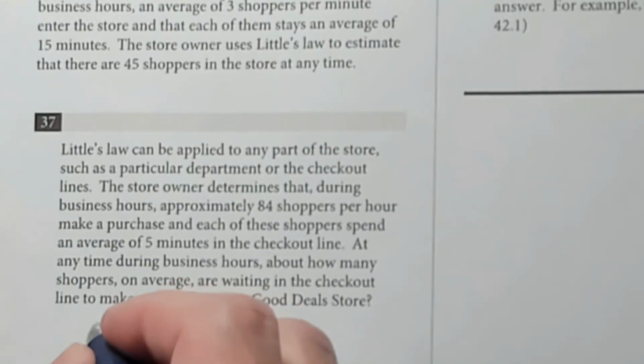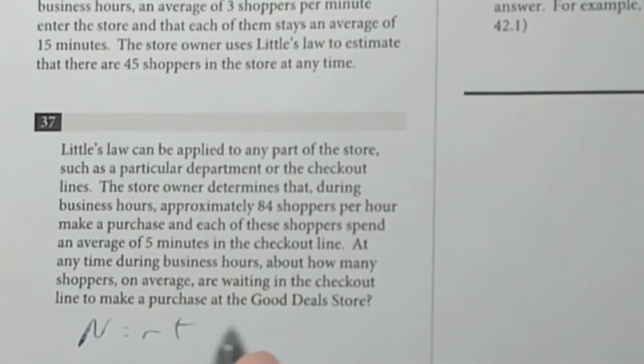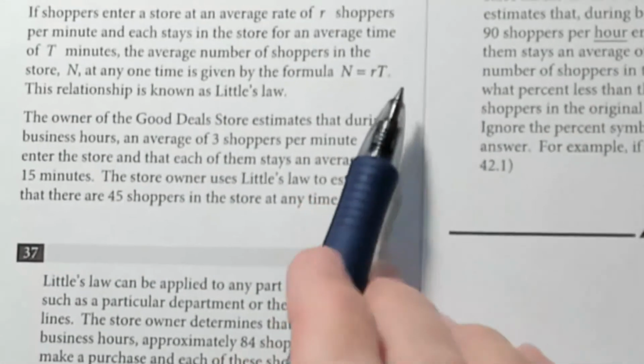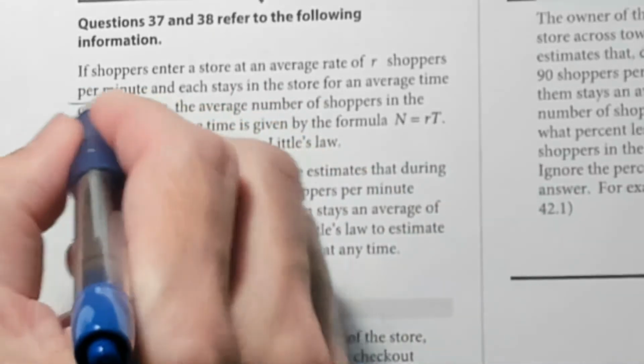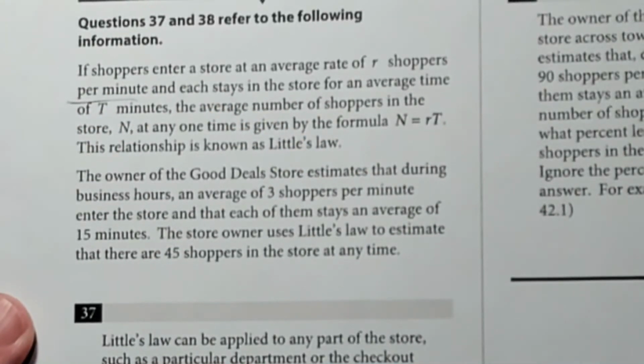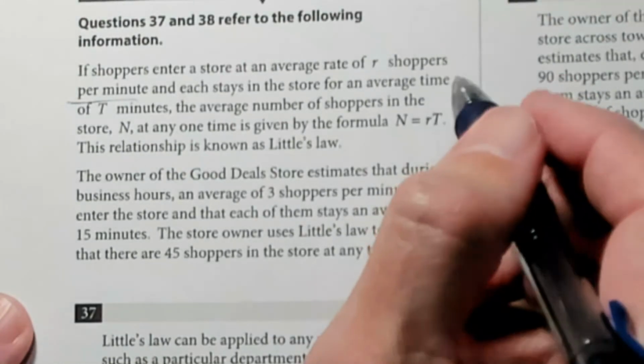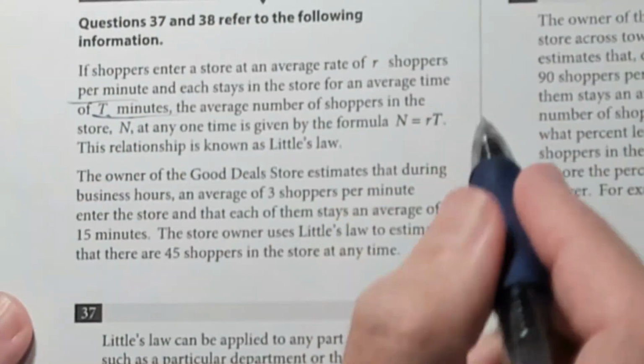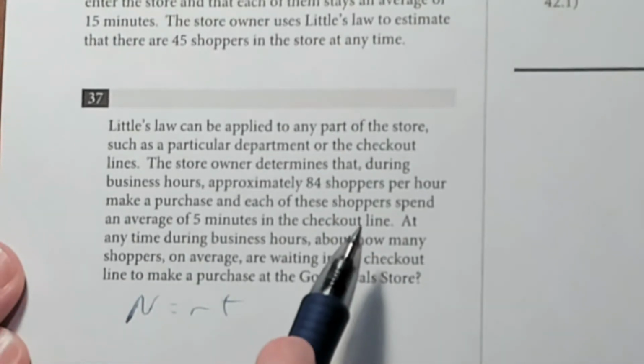So our equation is n equals RT. Also, I want you to be aware that the R, average rate, is per minute. Be careful with your per minutes, okay? Because they trip us up when we do things that are different. And T was in minutes. So T minutes, R minutes, whatever.